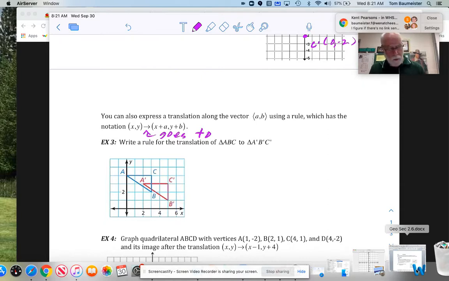So look at what we did here. I'll just use C here because it's the easiest one to show you. To get from C to C prime, I'm going to go 2 right, so that would be positive, and 1 down, which is negative. So we're going to move along the vector.